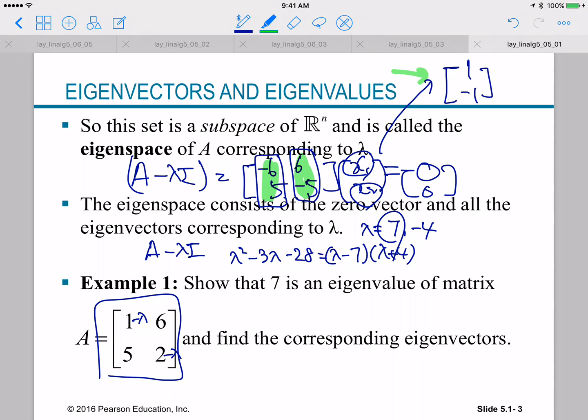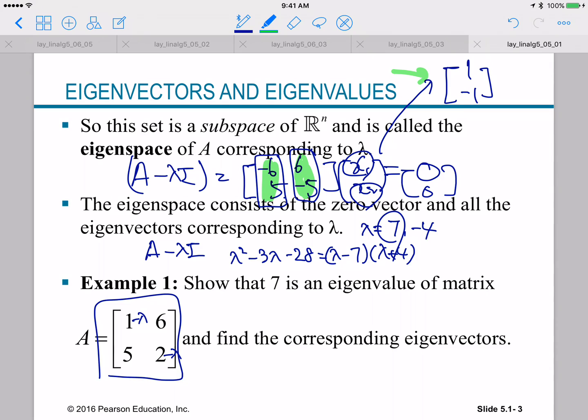Or you can of course do this row reduction, and then pivots and the free variables, and then you just move the free variables to the right, and then factor it out, right? And that's another, more formal way of obtaining that solution, right? But at least in this case, we can find this solution very easily.